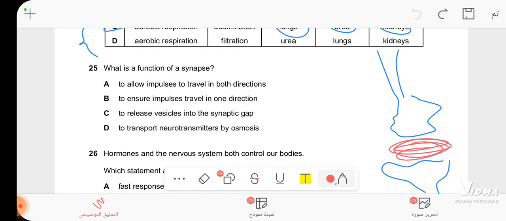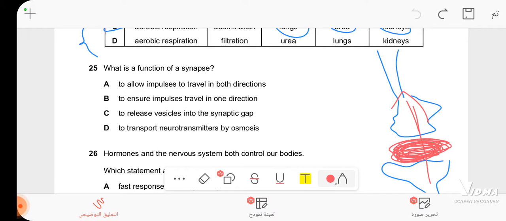This space between the ends of two neurons is called the synapse. At this synapse, there are neurotransmitters, and impulses travel in one direction from one neuron to the other neuron.